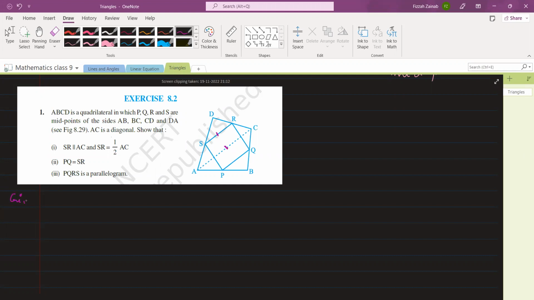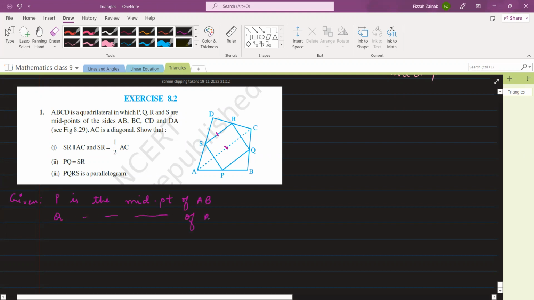So first of all, what is given that you write? P is the midpoint of AB, Q is the midpoint of BC, R is the midpoint of CD and S is the midpoint of AD. This is given.